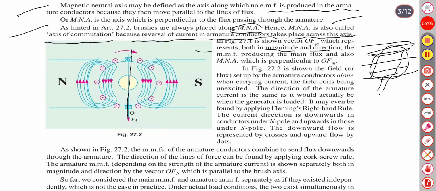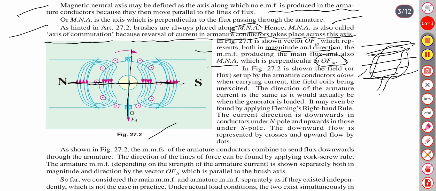The figure shows the field or flux set up by the armature conductors alone when carrying current, the field coils being unexcited. The direction of the armature current is the same as it would actually be when the generator is loaded. It may even be found by applying Fleming's right-hand rule.